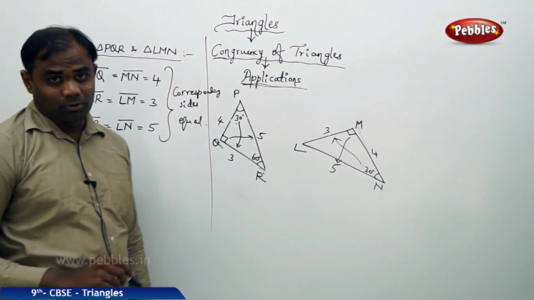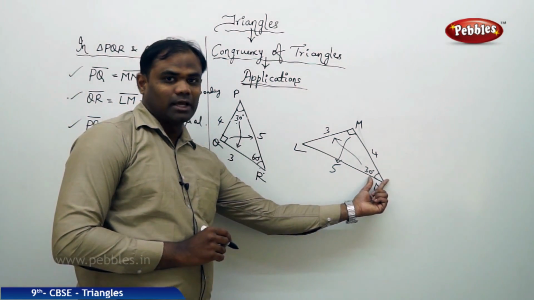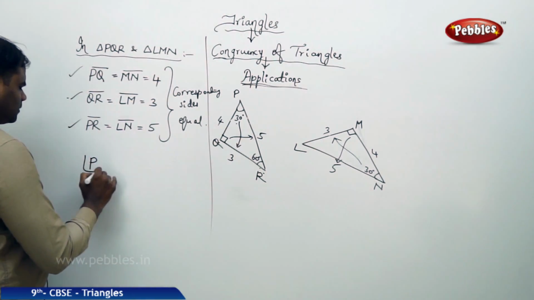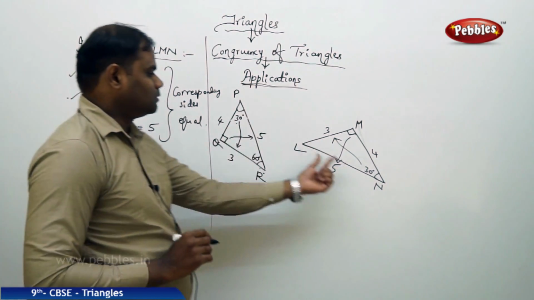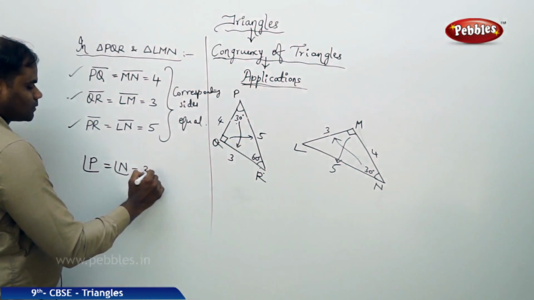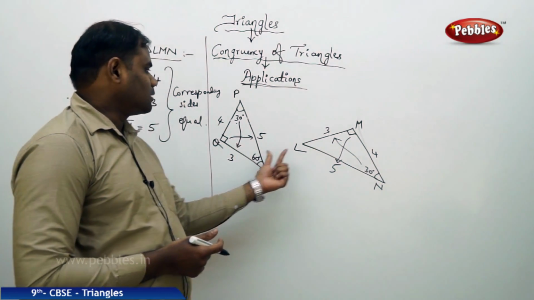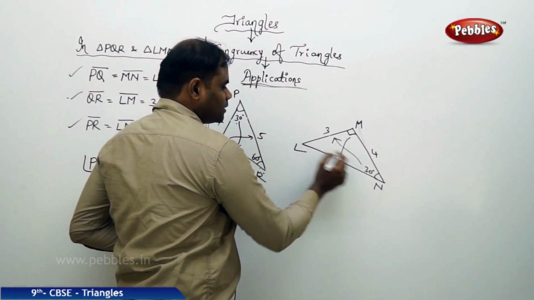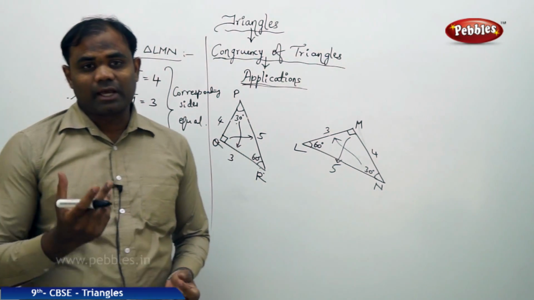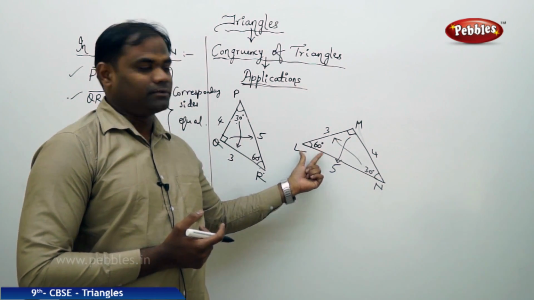Next is the corresponding angles. My angle, which is 30 degrees, is equal to the angle which is 30 degrees. So here my angle P is equal to angle N, which is equal to 30 degrees. Similarly, my angle R equals, this being 90 and 30, obviously this must be 60 degrees using the angle sum: 180 minus (90 plus 30) is 60 degrees.